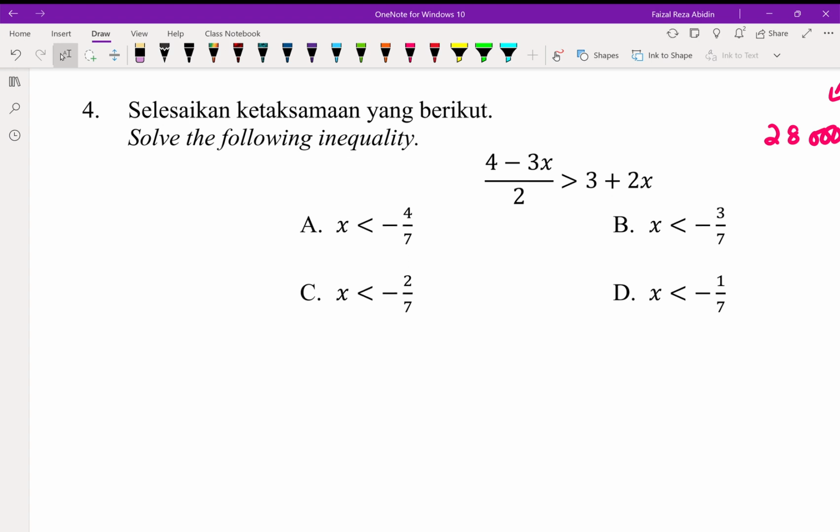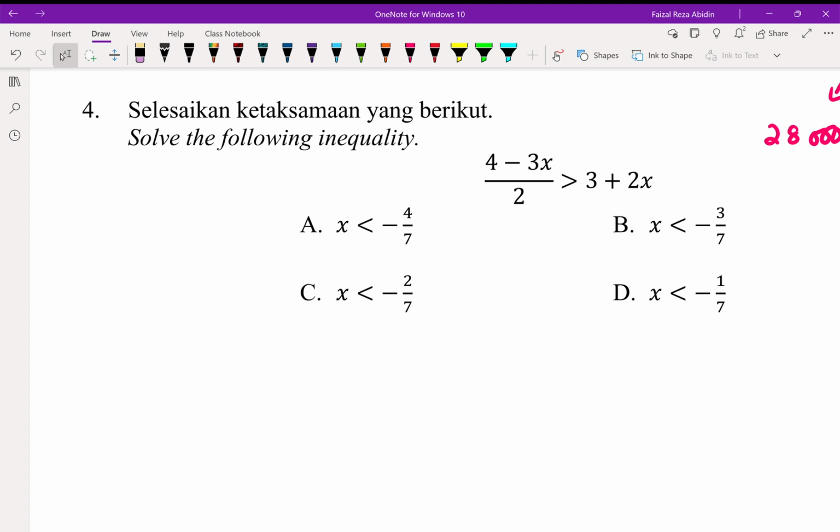First thing first. Solve. Yalah, of course we are going to solve it. How to solve it? Okay.